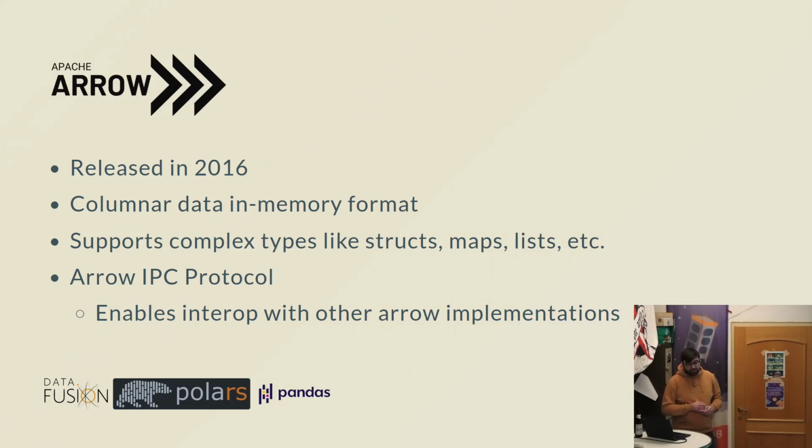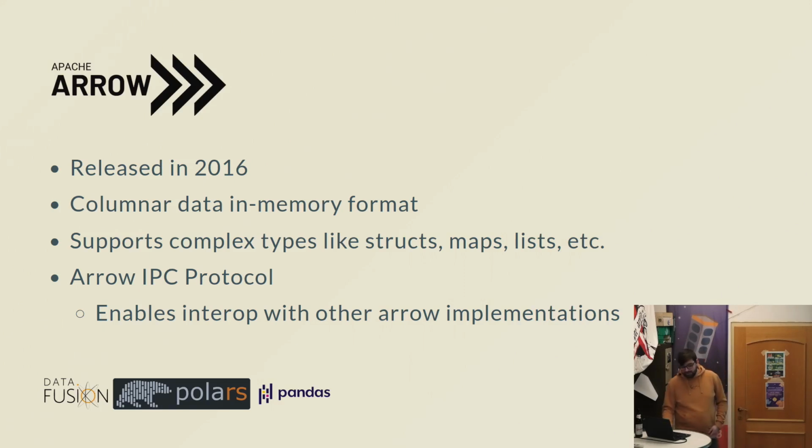What's really cool about it is that it has an IPC protocol for interprocess communication, so you can send bits and pieces of the memory between two different frameworks. That enables a lot of interop. All of these frameworks are generally interoperable. You can take a data frame and move it from one context into the other, which is very powerful.